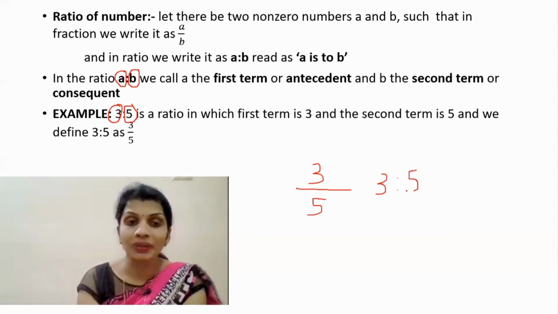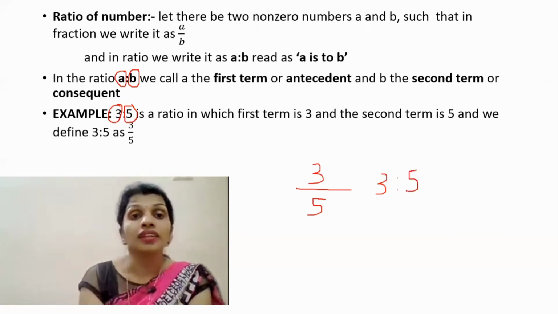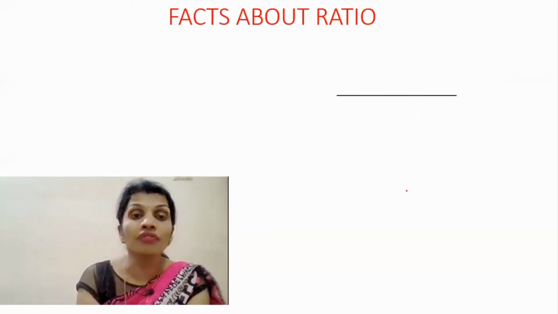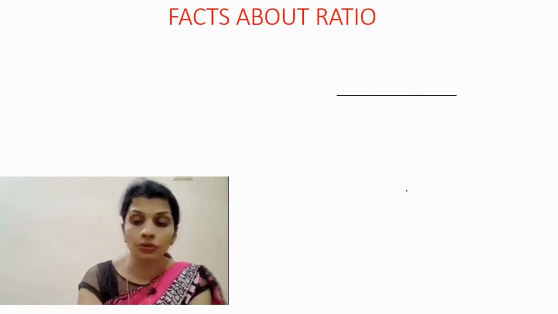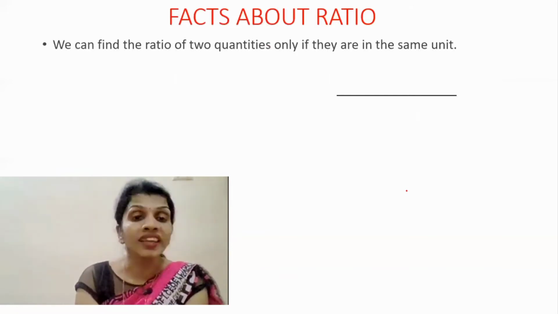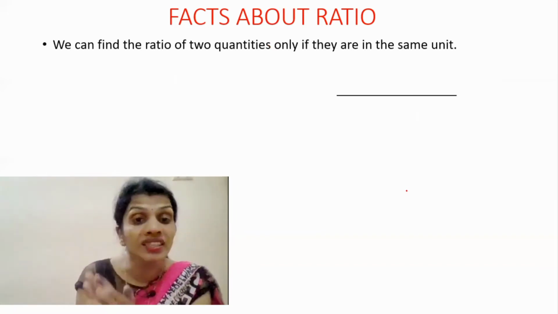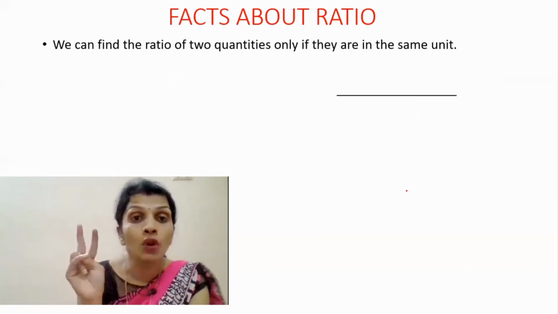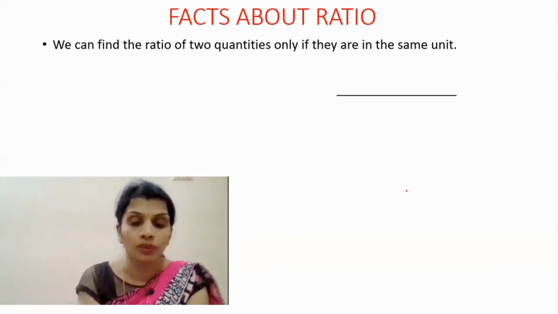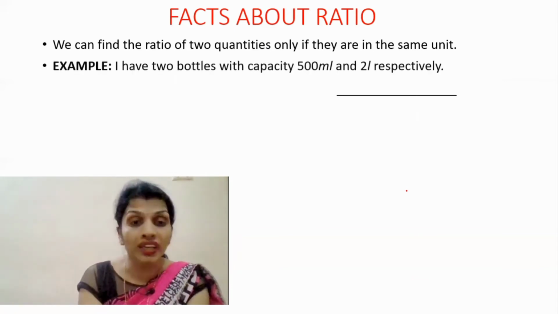Now, next we are going to discuss some facts about ratio. We can find the ratio of two quantities only if the units are the same. Yes, the two quantities should have the same units. Let us take one example.